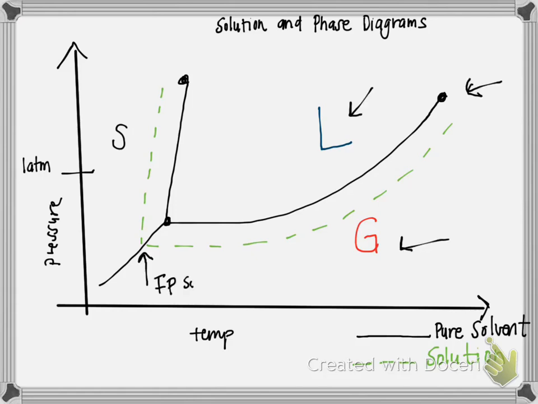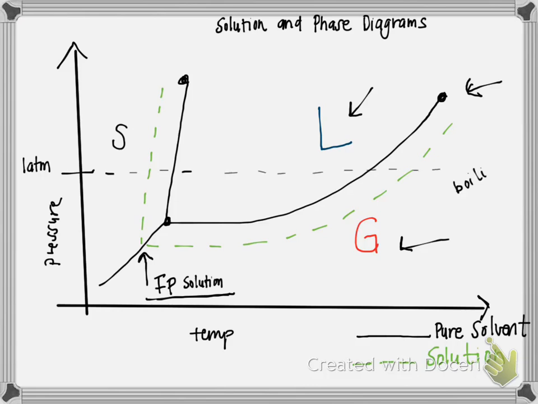S is the solid phase, L is liquid, and G is gas. If you notice, you have a lowered freezing point for the solution right here.